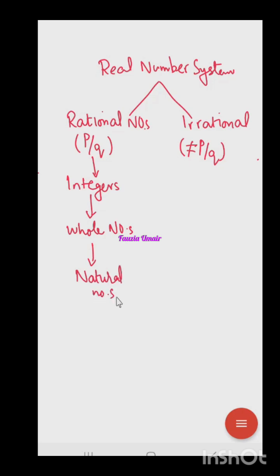Okay. So now we have already learned, you have learned this real number system in grade 6 as well, in grade 7 as well, but the focus was mainly on the rational numbers.